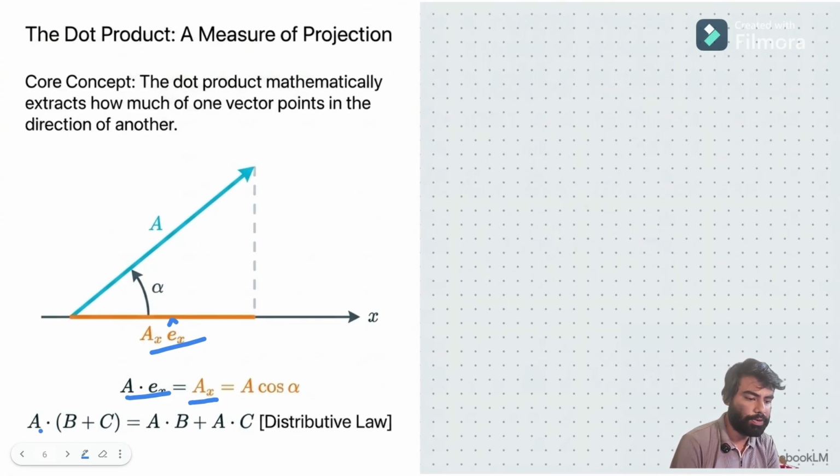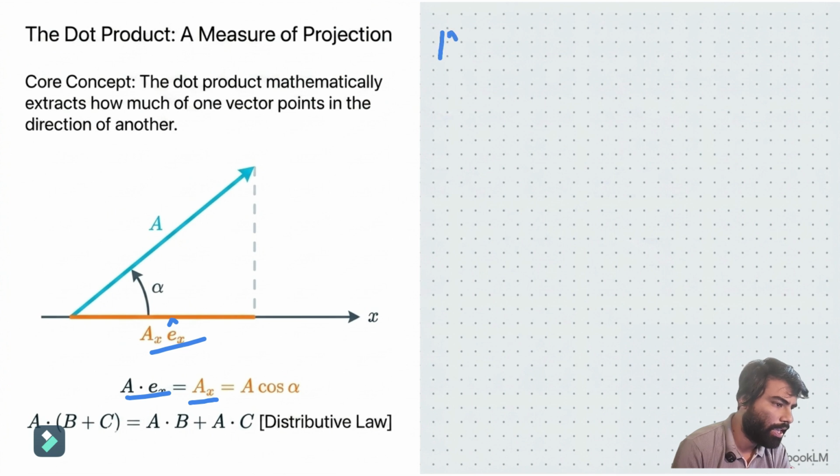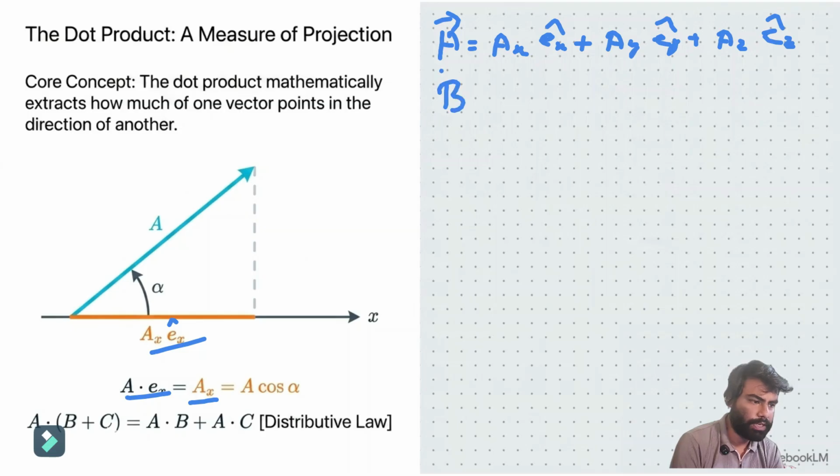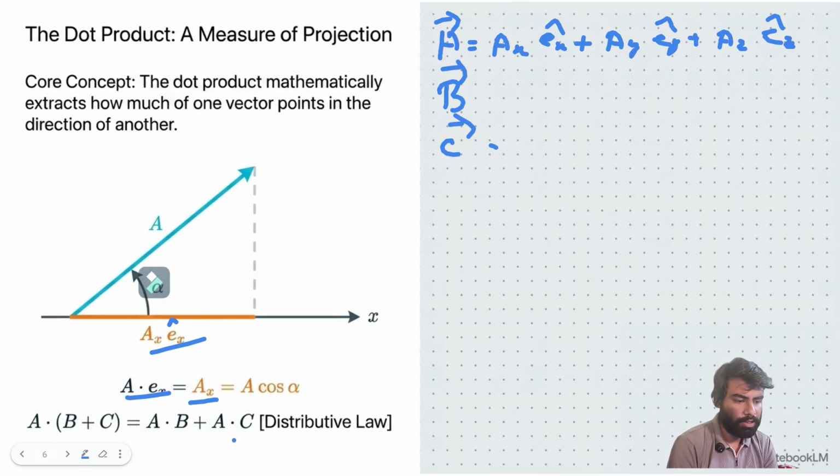Now the distributive law. If you know how to write a vector, like vector a is equal to ax i cap plus ay j cap plus az k cap, in the same way you can write vector b and vector c, and then you can find whether it is true or false.